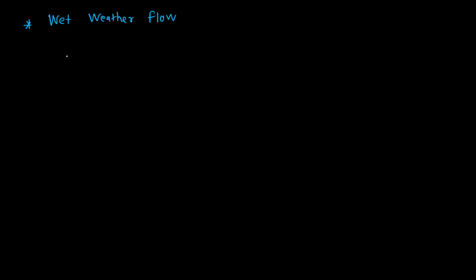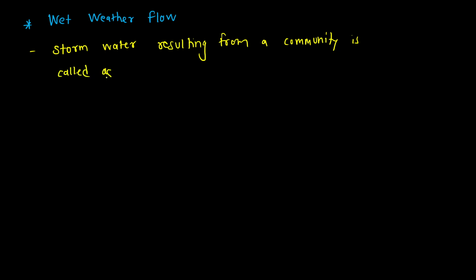Wet weather flow is whatever wastewater is generated due to the heavy rains or due to the storms, or we can say the storm water resulting from a community is called wet weather flow.